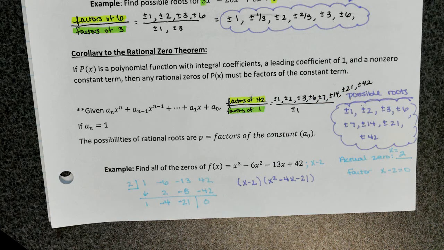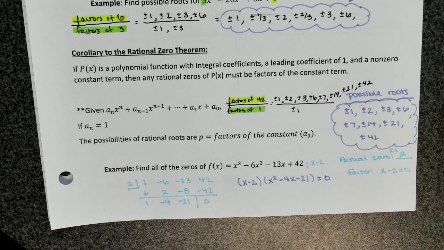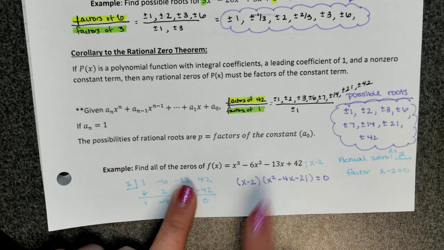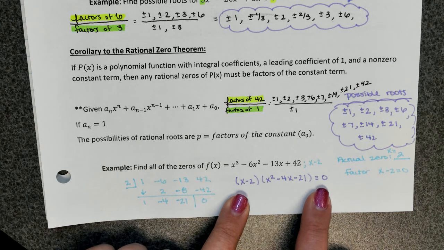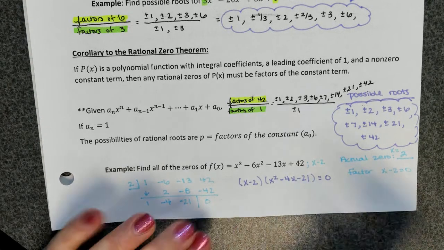From here, you still have to factor it completely, okay? I should make it a polynomial because I need to find the zeros of this polynomial. So there it is factored, it's set equal to 0.